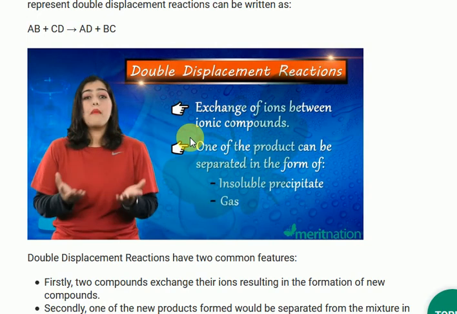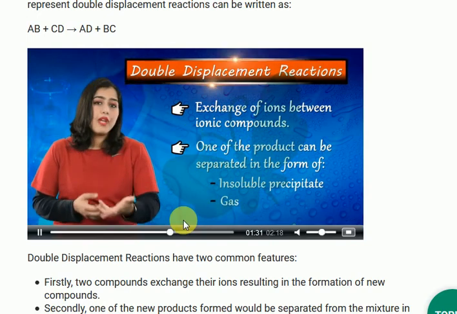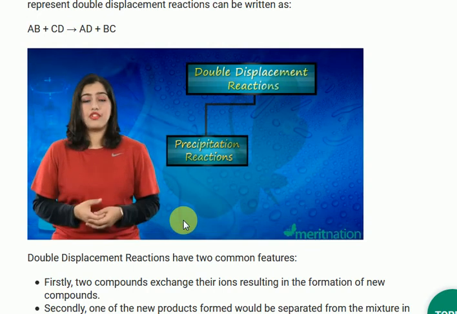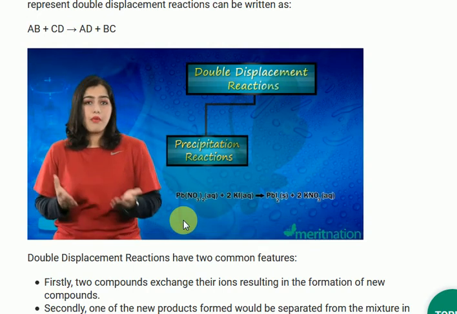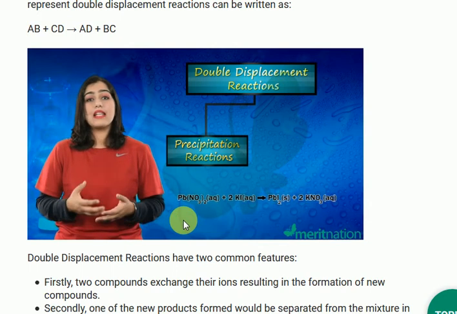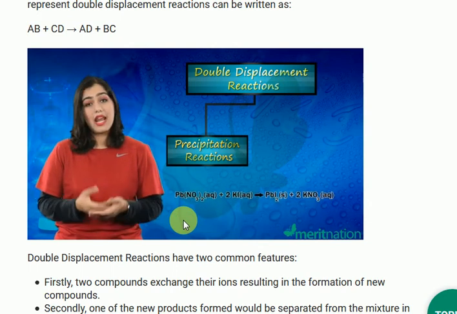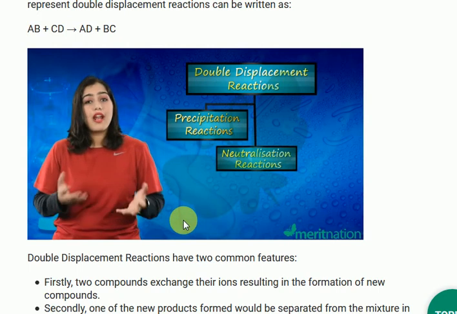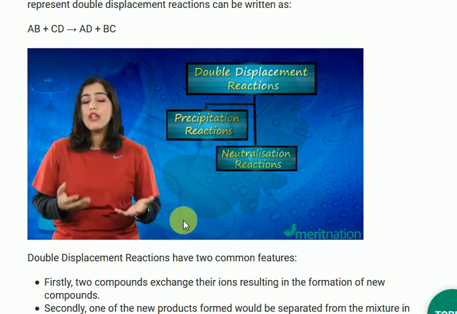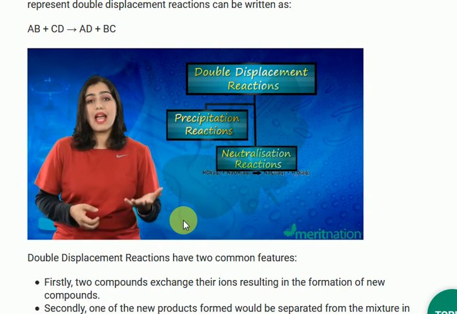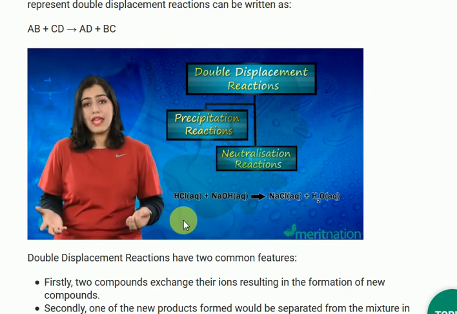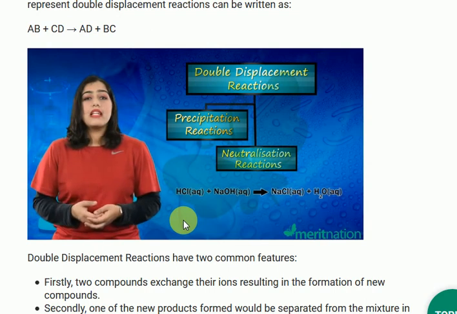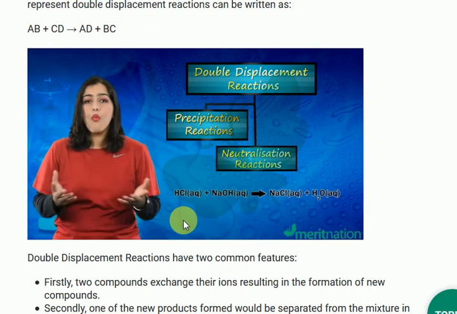Now these type of reactions are of three types. First is the precipitation reaction, where one of the product is obtained as an insoluble precipitate, like we saw in the previous example. Second is the neutralization reaction, which we all know occurs between an acid like hydrogen chloride and a base like sodium hydroxide to form a salt, that is sodium chloride and water.